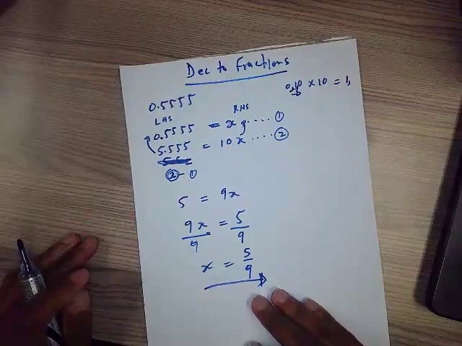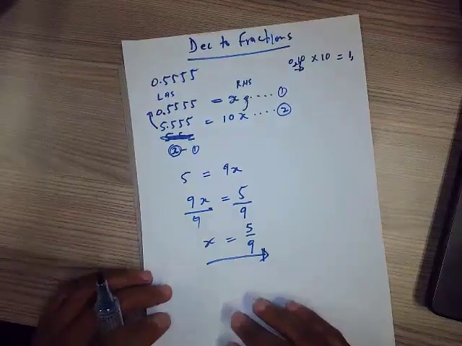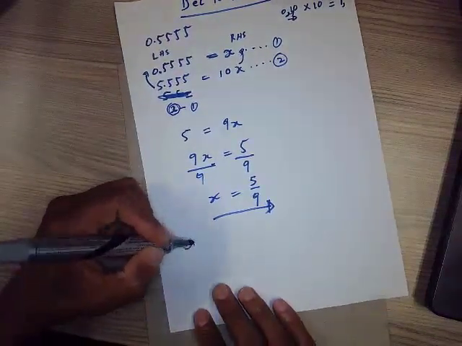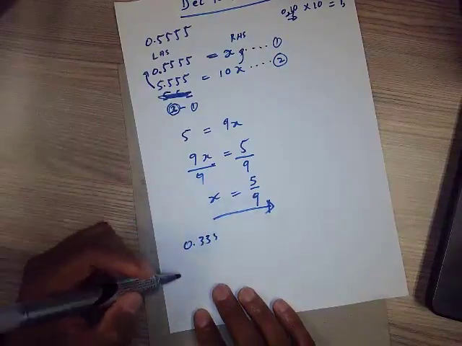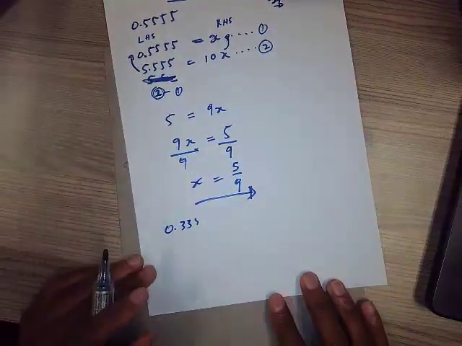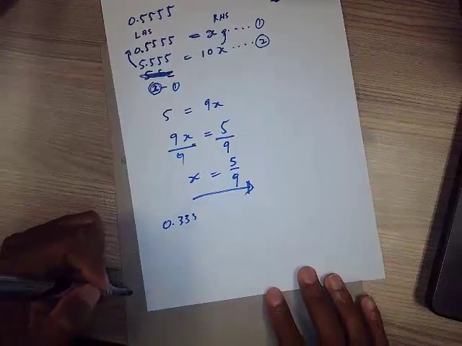So let's just quickly do another example. Let's say 0.3333. Basically you do the same thing. You just want to make sure that you got it.